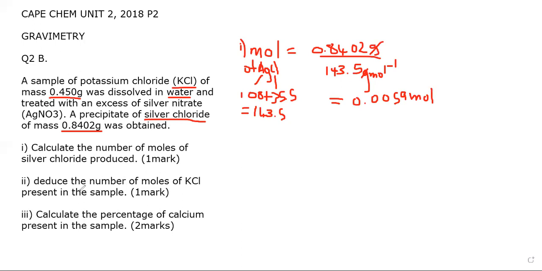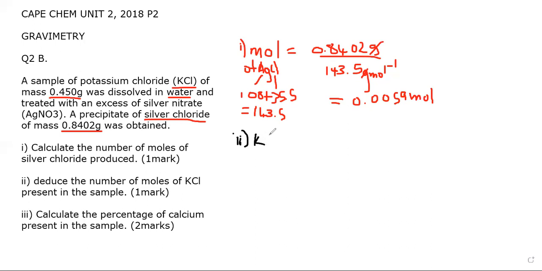Part two, it says, deduce the number of moles of potassium chloride present in the sample. Even though it's 1 mark, you would have to know that. So part two of the calculation will always involve the mole ratio.